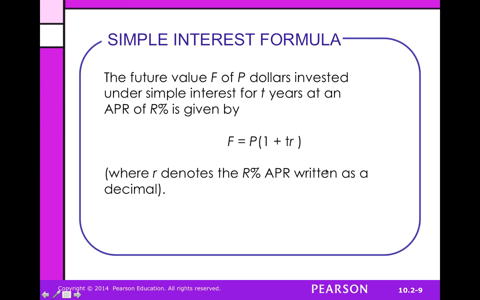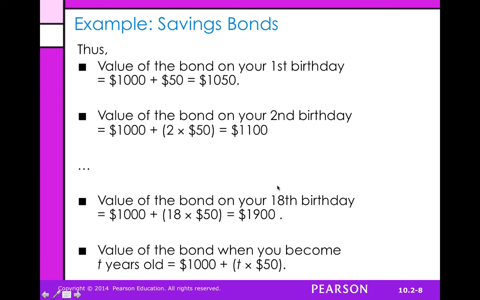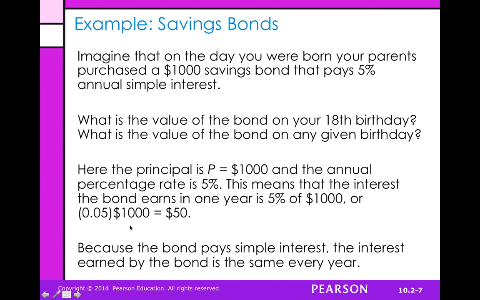So the future amount can be obtained solely by knowing the principal amount, the amount of time that this thing will be invested, and the interest rate. So little r here is the interest rate as a decimal. It's very important that in this original interest payment calculation, we converted 5% to 0.05.